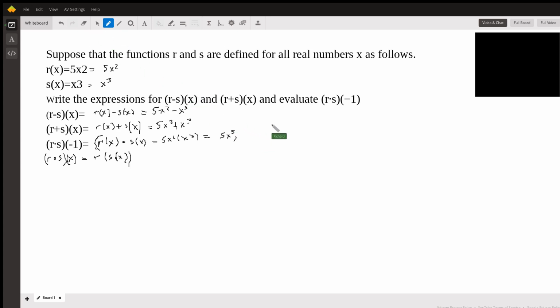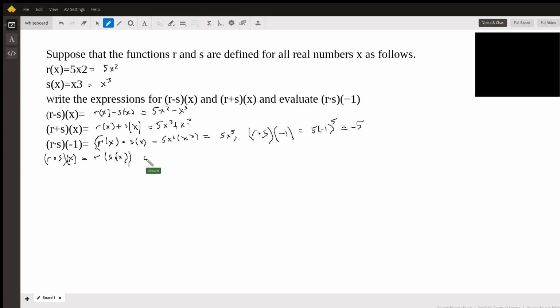I'm going to leave it in the original notation because I'm just thinking maybe this is what you're seeing in school. So I want to make it as realistic, as similar to school as I can. So this would just be 5 times negative 1 to the 5th. We're just plugging negative 1 into this expression here, and that's going to give us negative 5.